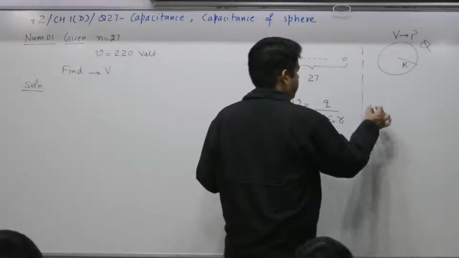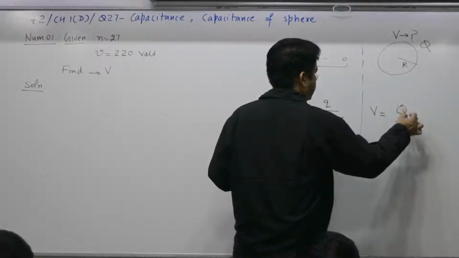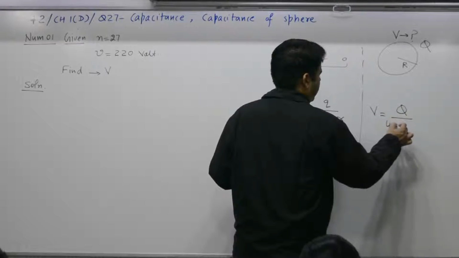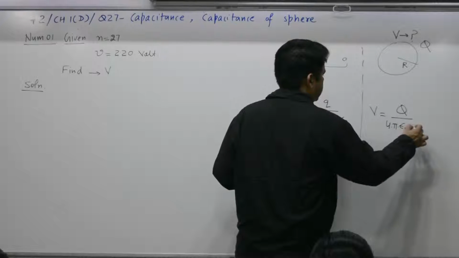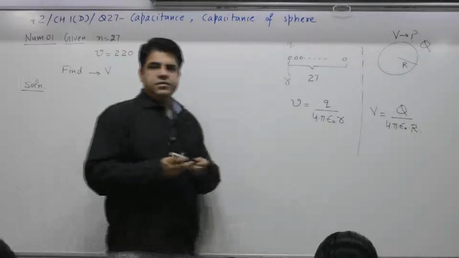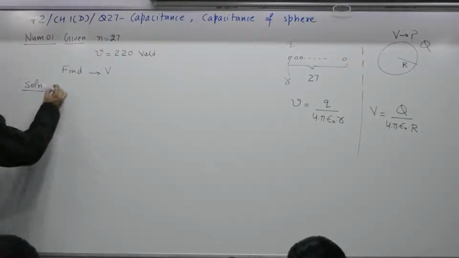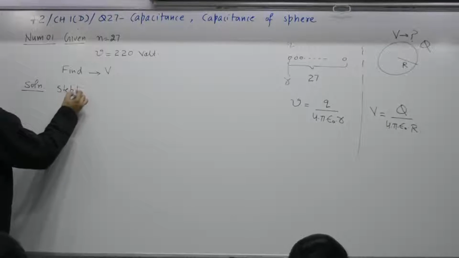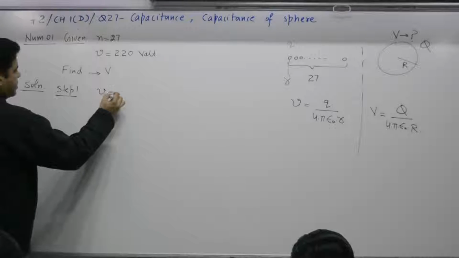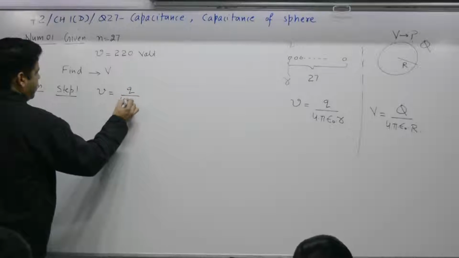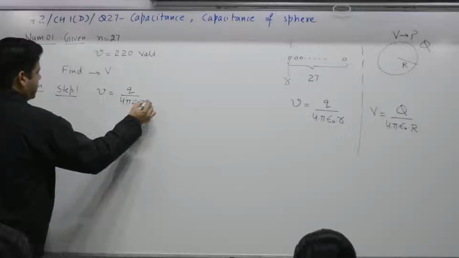For this one, capital V is equal to capital Q over 4 pi epsilon naught capital R. So, you can write like this. Step 1, v is equal to q by 4 pi epsilon naught r.